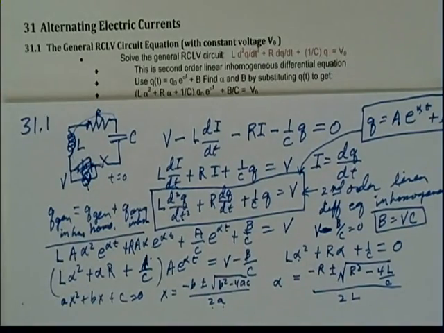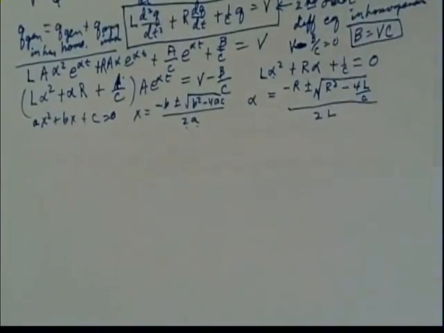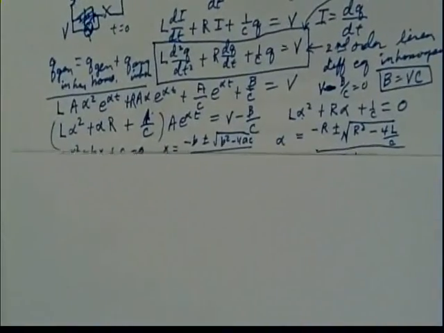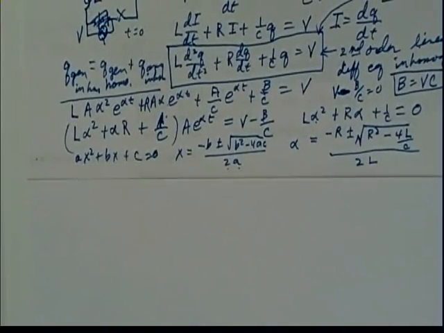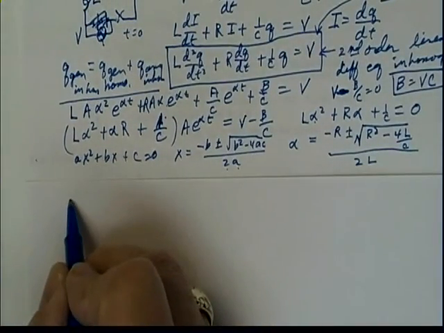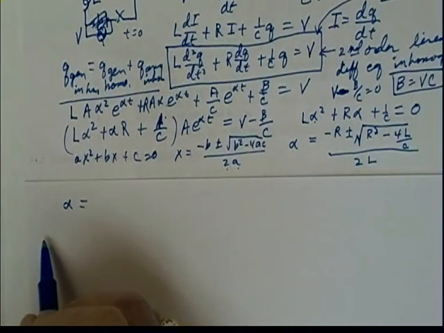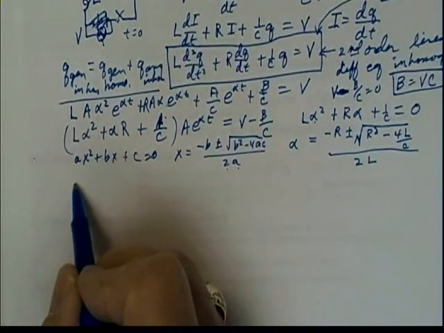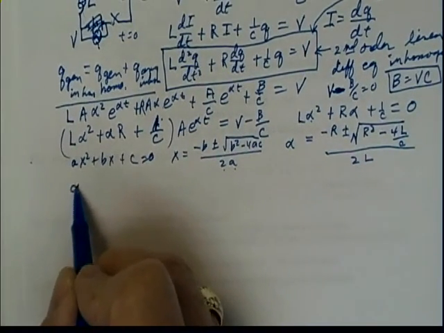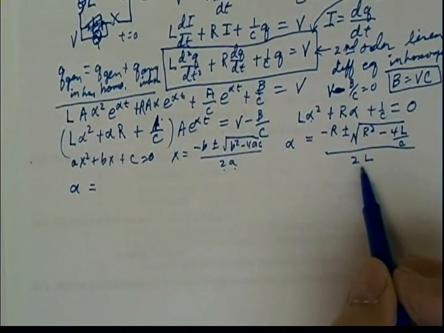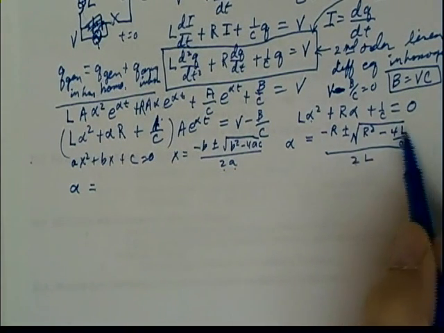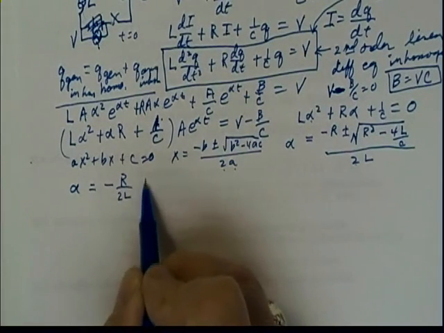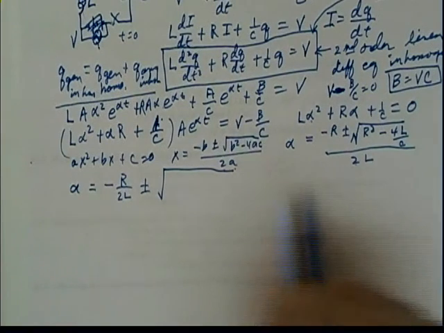Okay, now taking that equation and simplifying it just a little bit, we get the equation that alpha is going to be equal to, now what I'm going to do is divide 2L into each of these terms. So this is going to be minus R over 2L plus or minus the square root.